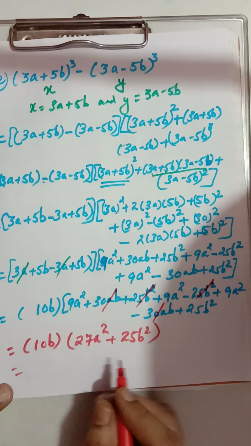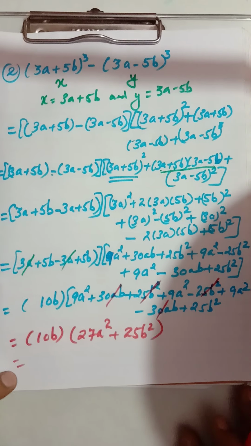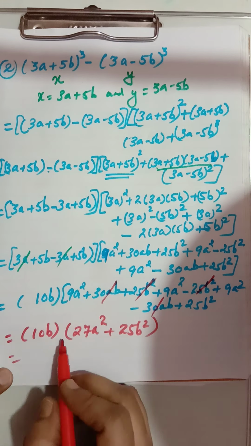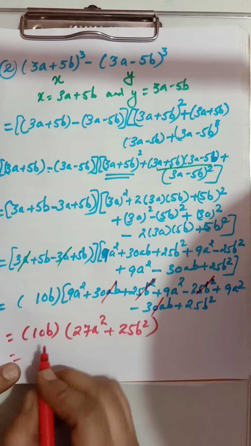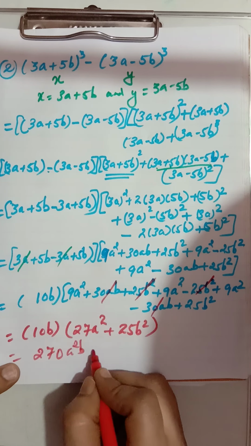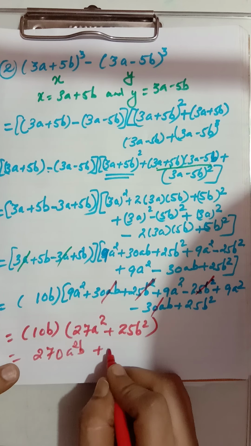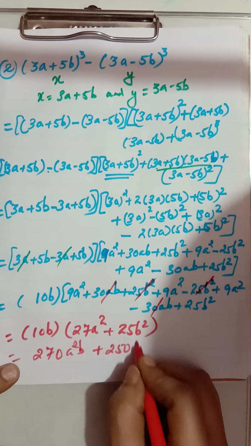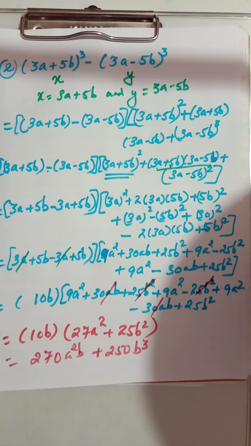Now this 10b you will multiply with both the terms. So 27 into 10 becomes what, children? 270a²b plus 25 into 10 becomes 250, and this is b³.